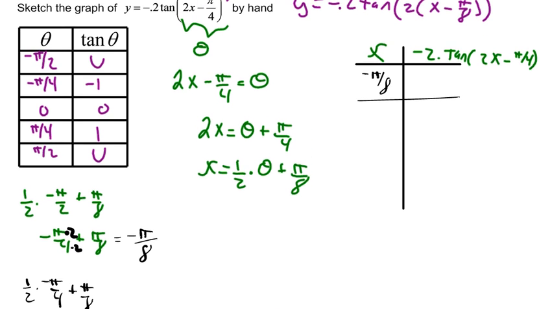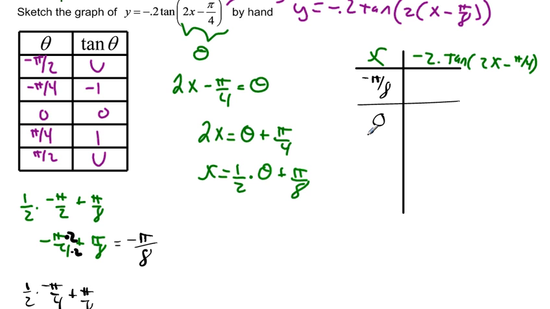We like whopping zeros. 0 is quite easy. I just plug in 0 here. Half times 0 is 0, plus pi over 8 is just pi over 8. I don't know if you see this here, we're going in increments of pi over 8. Negative pi over 8 plus pi over 8 is 0. Plus pi over 8 is pi over 8. Plus another pi over 8 is 2 pi over 8, which is pi over 4.